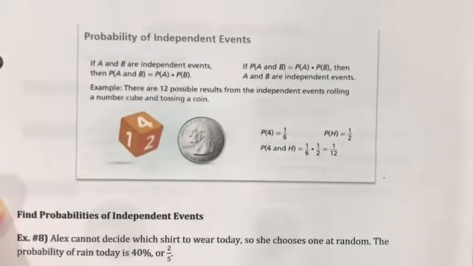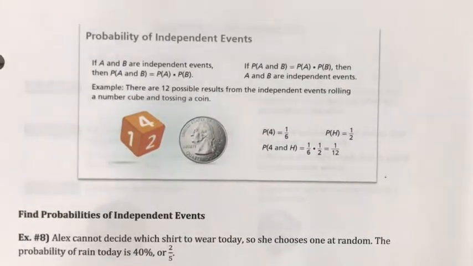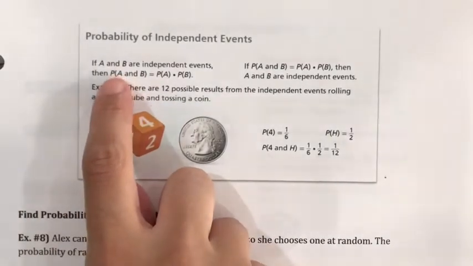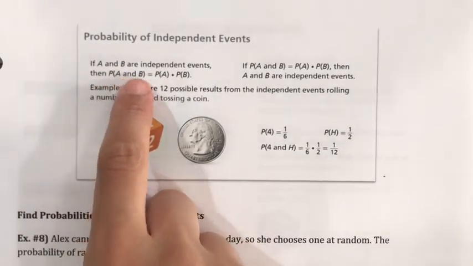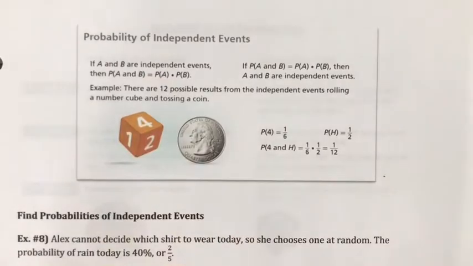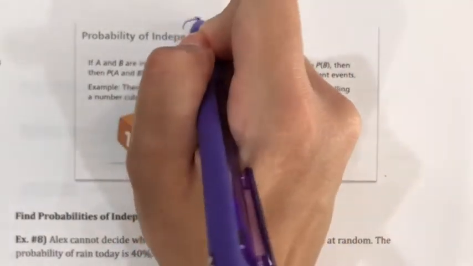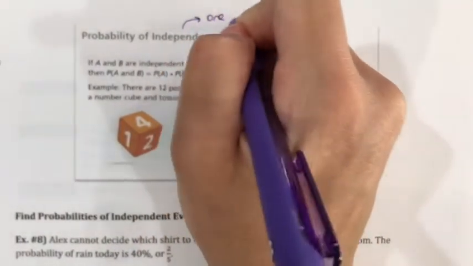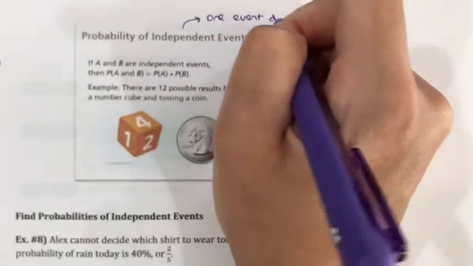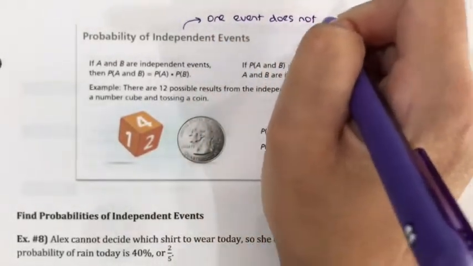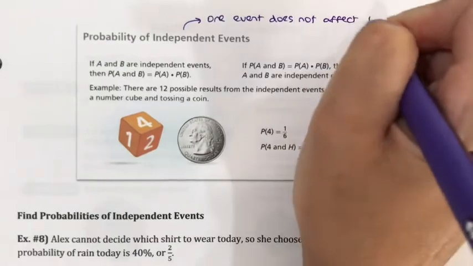So we've got a little chart here, the probability of independent events. So if A and B are independent events, remember that means one event does not affect the other.